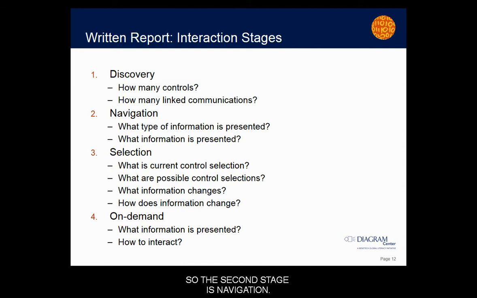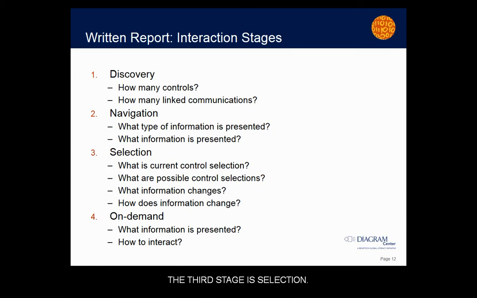The second stage is navigation. So once you've found this object, you now need to be able to move around it and find basic information, what type of information is there and what information specifically is there available for you.